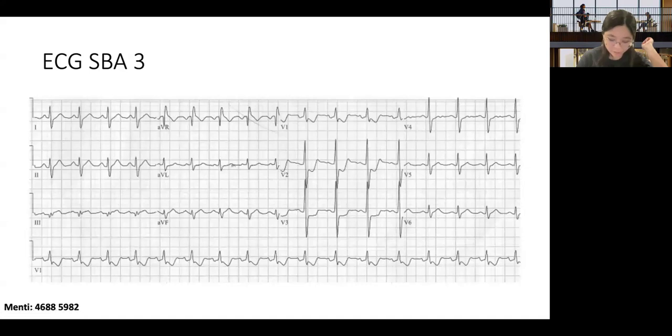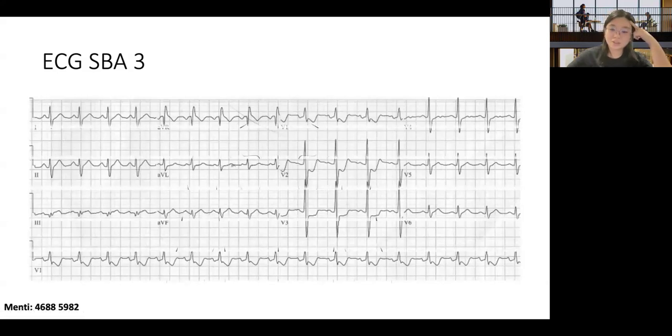Most of you have gone for LV hypertrophy, and I have again tricked all of you. It's actually a posterior STEMI. A posterior STEMI will also have tall R waves. In the septal and anterior leads, you tend to have a tall R wave, because it's an opposite reaction.